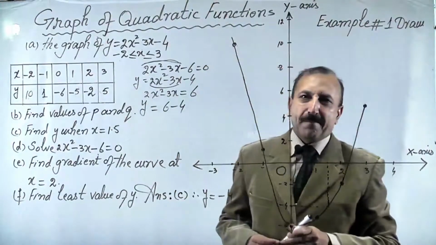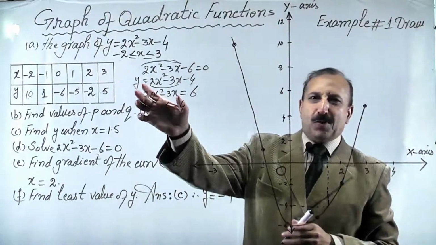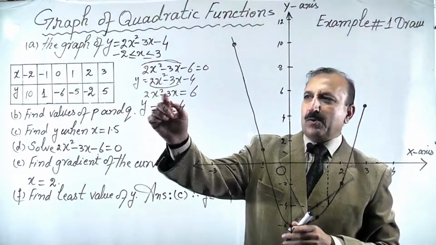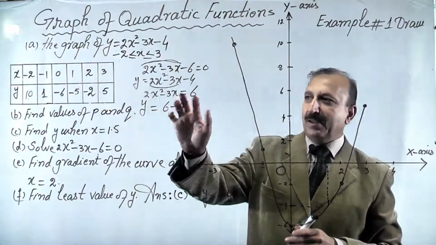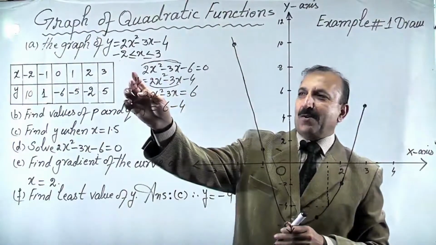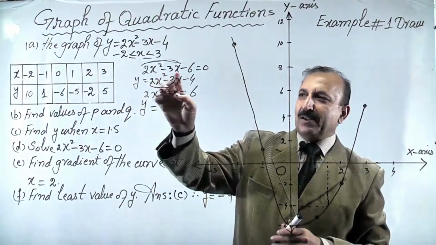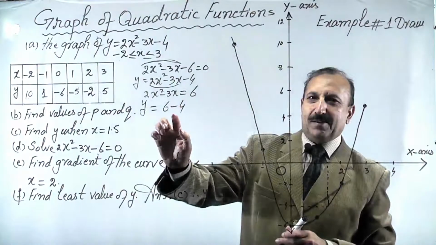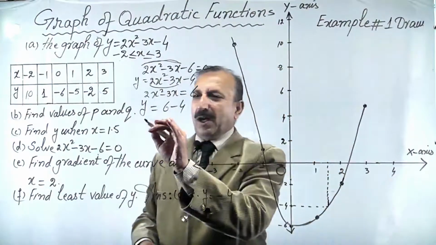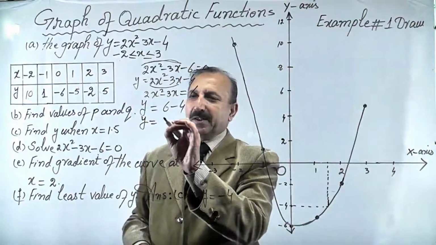What I did, I picked the value of these two terms. 2x square minus 3x has the value of 6, and replaced in front of y is equal to, for these two terms I have replaced 6. Now I will simplify. I will get obviously a linear equation.